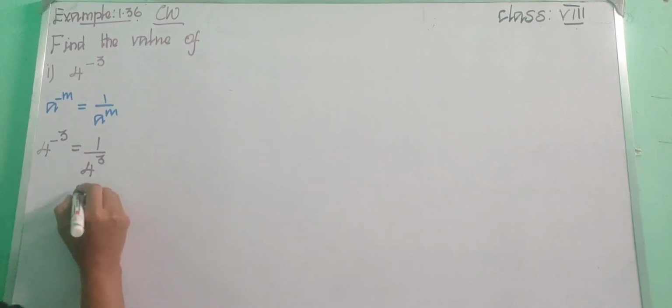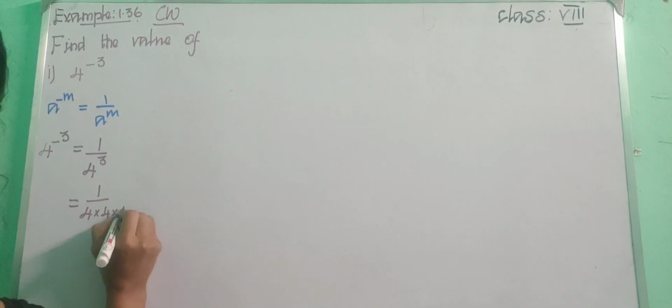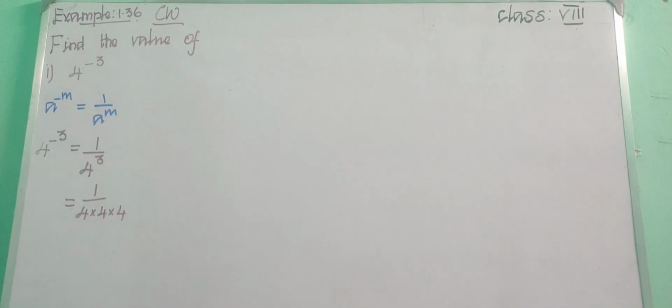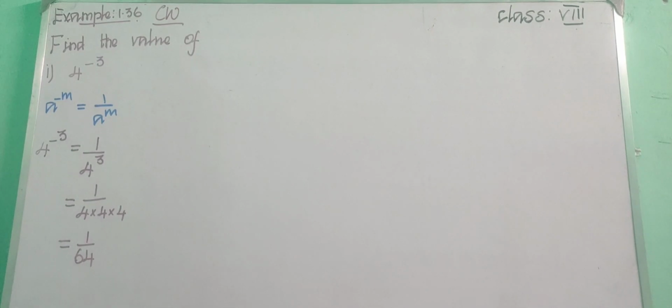We can write it as 1 by 4 into 4 into 4. That is 4 power 3, right? So 4 4s are 16. 16 4s are 64. So the answer is 1 by 64. 1 upon 64 is the answer. Is it clear children? We need to learn all the 7 laws of exponents.